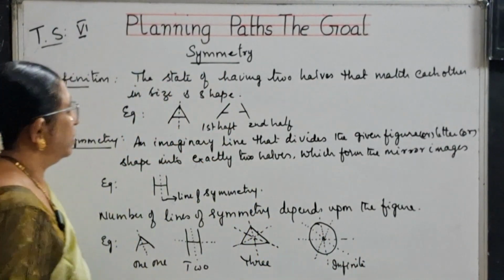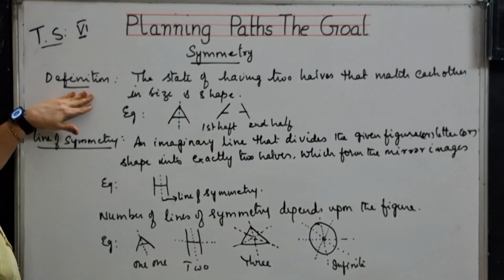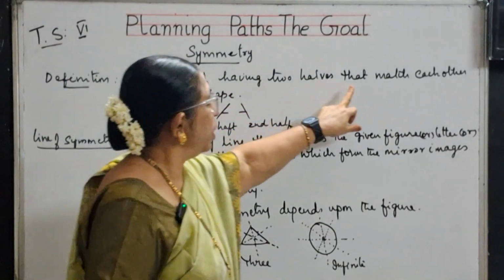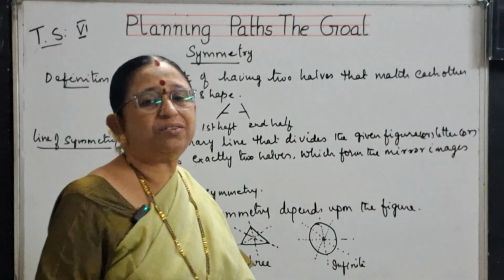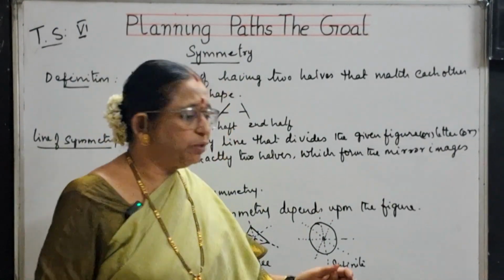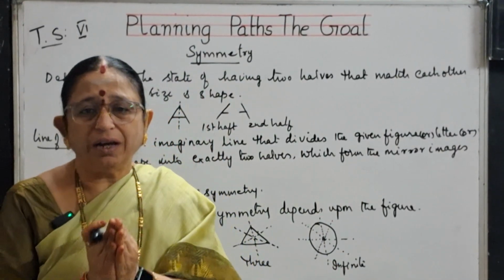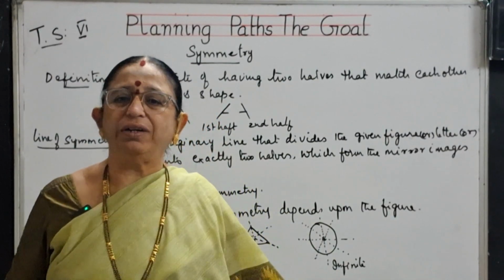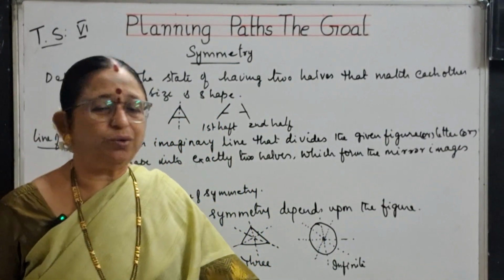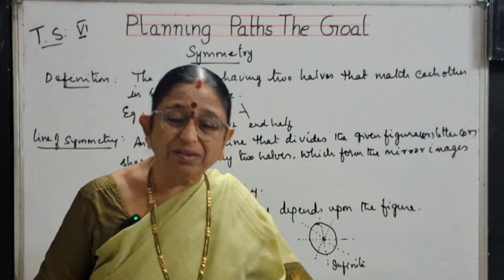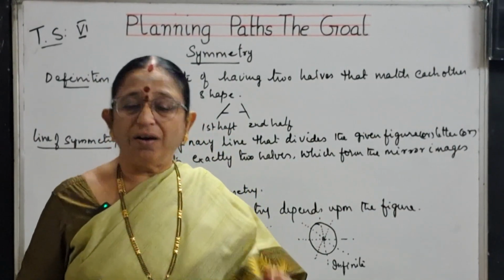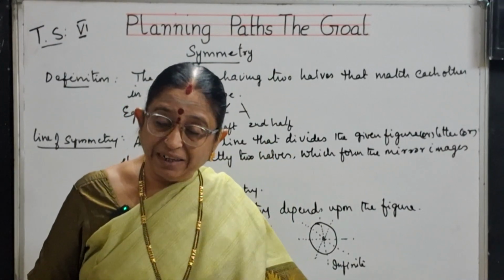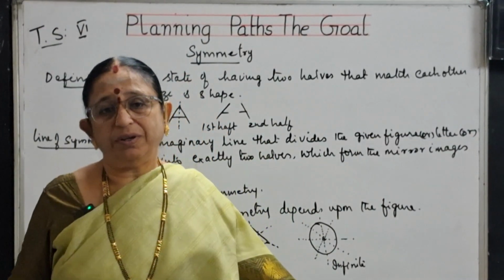First, let us have the definition of symmetry. What is this symmetry? The state of having two halves that match each other. That means if you take a paper and fold it and open it, exactly two halves if you get, that we call it as symmetry. So this symmetry means which divides a figure or a line, we can say a figure, a letter, or any shape.